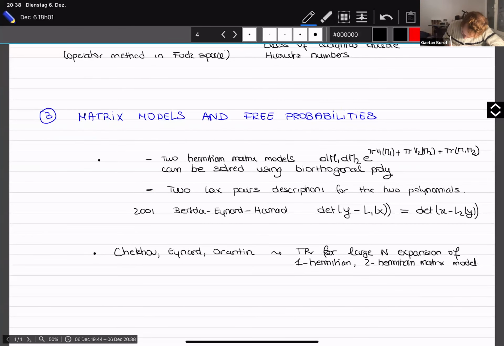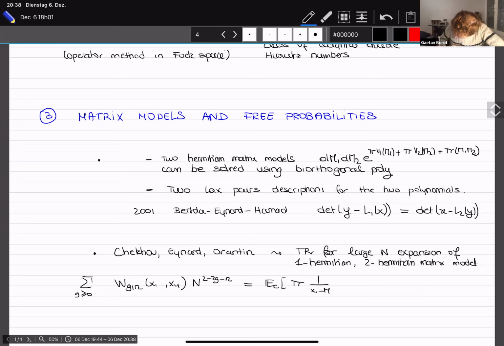And this topological recursion is a recursion again on g and n for these quantities, which are the coefficients of the large N asymptotic expansion of the cumulants of the resolvent of the matrices.